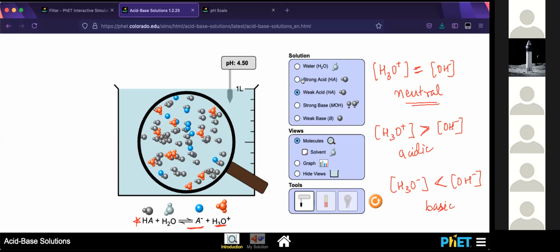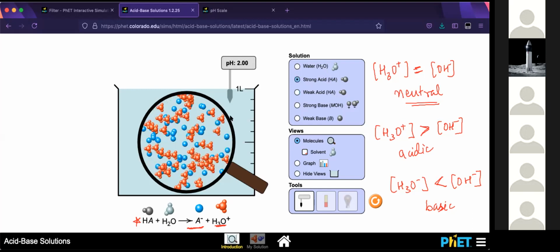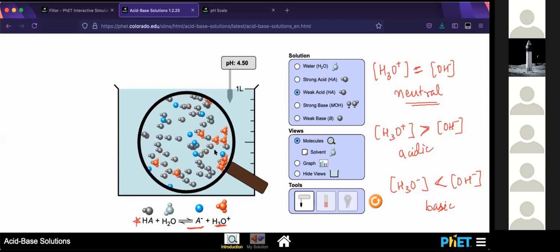When a strong acid was added, do you find any of the original HA molecules here? No, they are gone. Yeah, there's a complete ionization, right? You just see H3O+ and A-. But in the case of a weak acid, along with the orange and blue ions, what else do you see here?